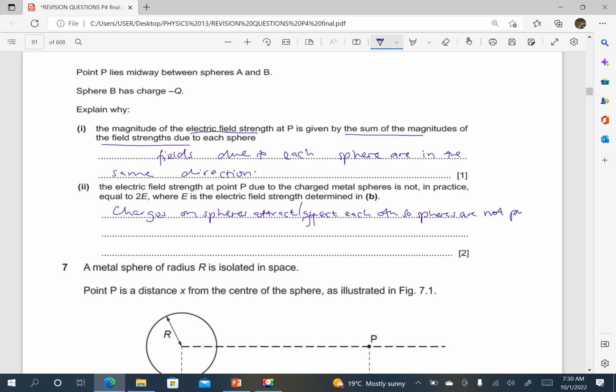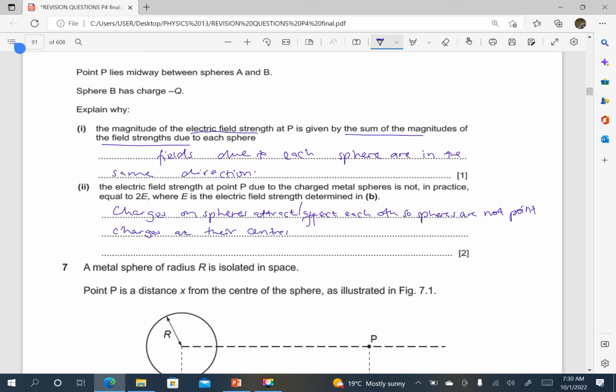They are not point charges at their center. Because they are very close, we cannot consider them to be point charges. Note that every time you use the expression above, you must have considered these charges to be point charges.